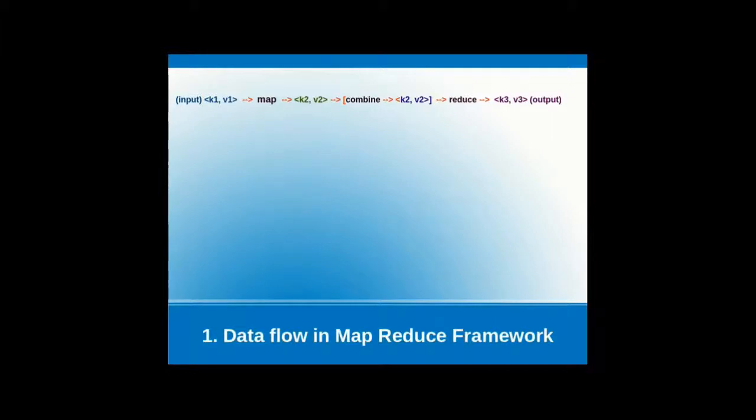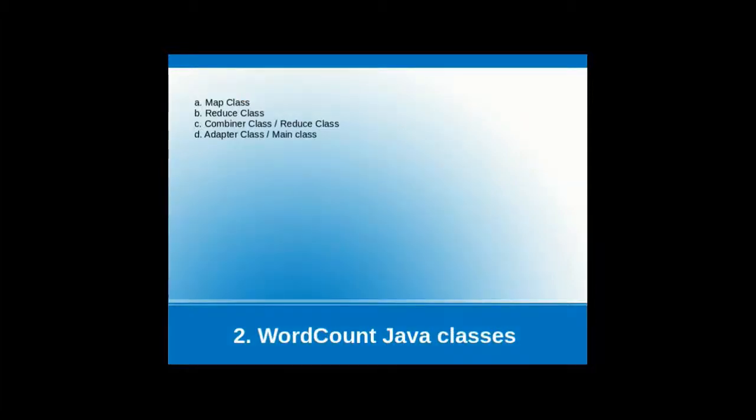So we'll see the map method, reduce method, and combiner method. Three classes are required to build a job in the MapReduce framework. In our word count example, we need the map, reduce, combiner and adapter classes.